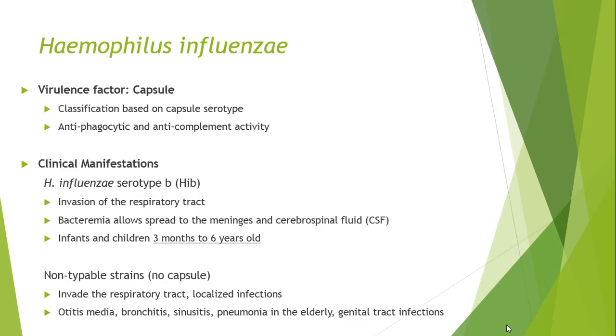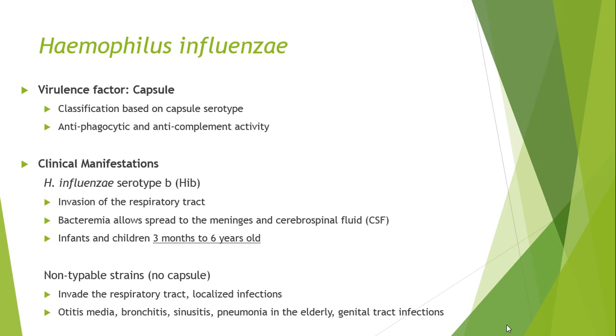All right, so these are some characteristics about Haemophilus influenzae. The virulence factor, again, is a capsule. So if we recognize that it has a capsule, then we can assume that it is a good cause for meningitis.